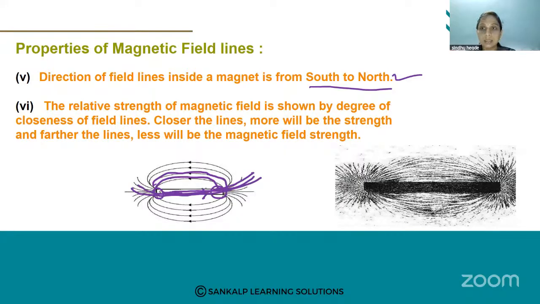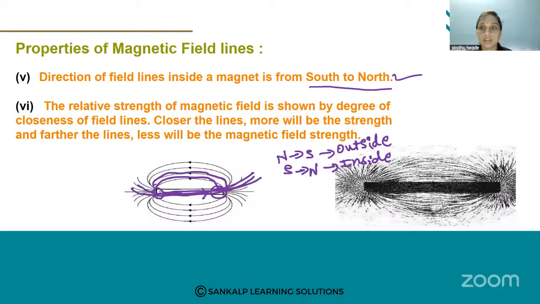That is the meaning. Outside the magnet it is from north to south, but inside the magnet it is always from south to north. That is another important property.